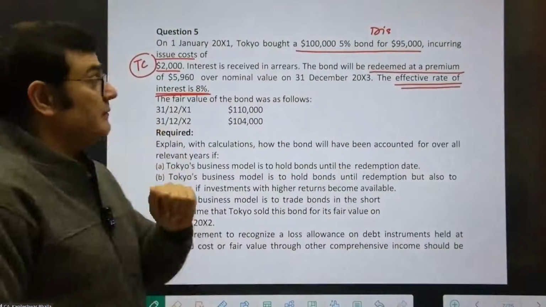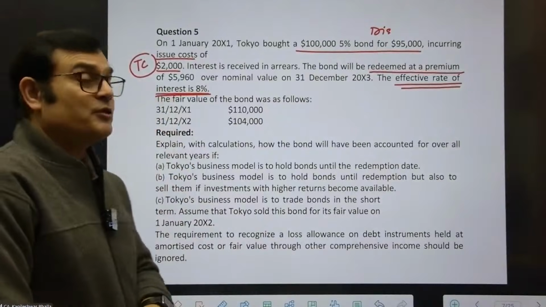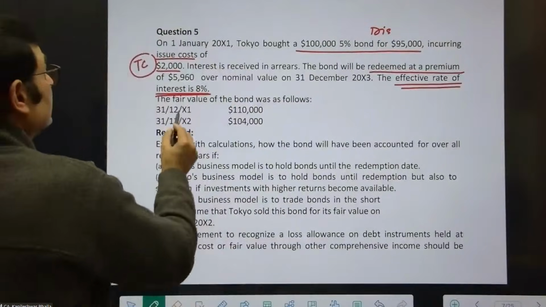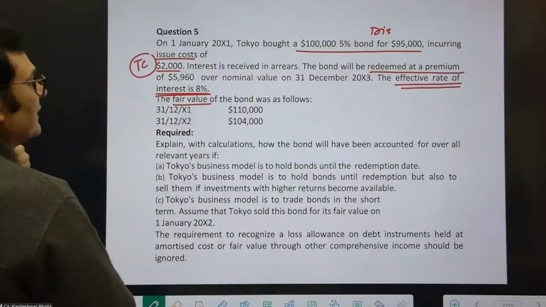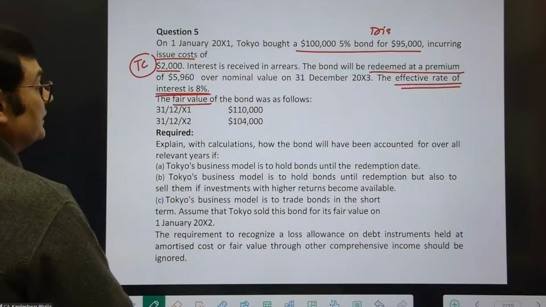Yes, that's correct. Because what is called internal rate of return in financial management is called the effective interest rate in financial reporting. The fair value of the bonds is given, and then it says explain with calculations how the bonds will be accounted for in the relevant years.